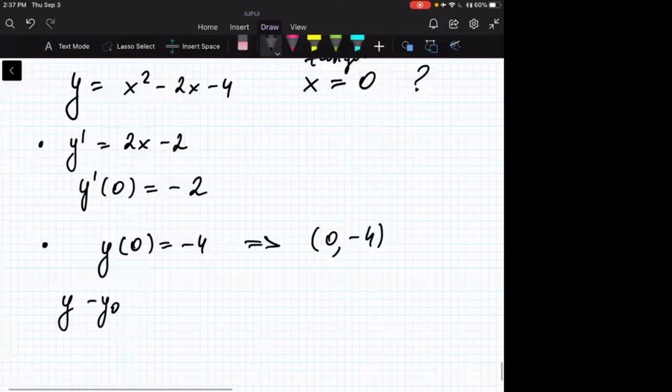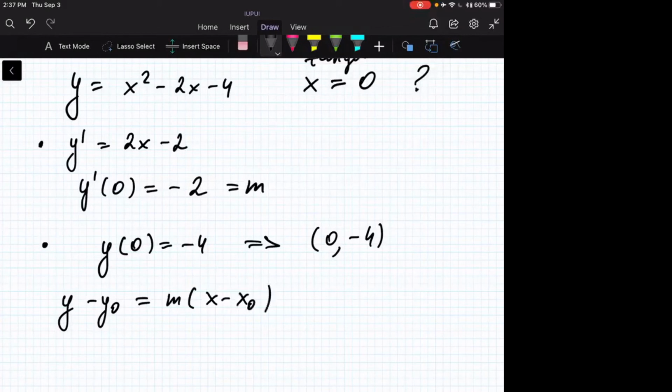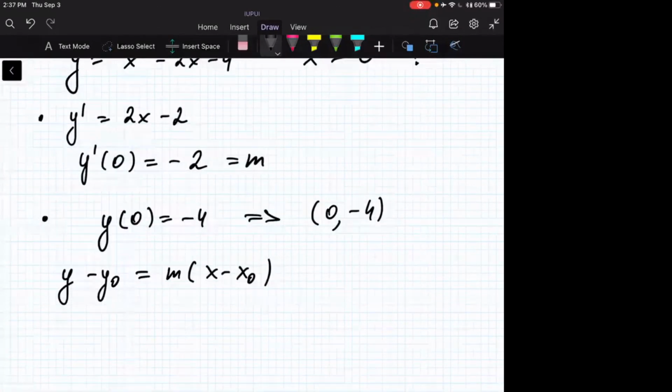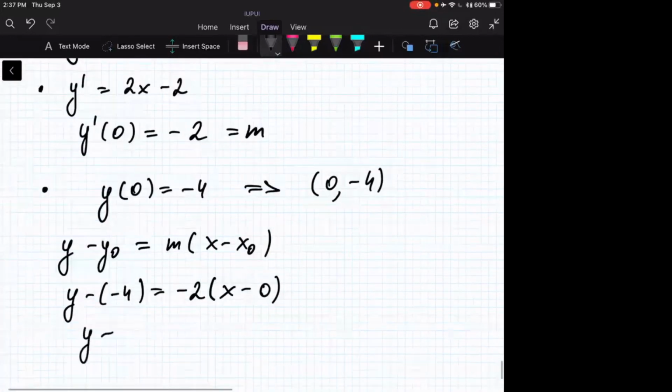And again, I can apply that to this general form, which is m times x minus x0. So it is y plus 4 is equal to minus 2 times x minus 0.